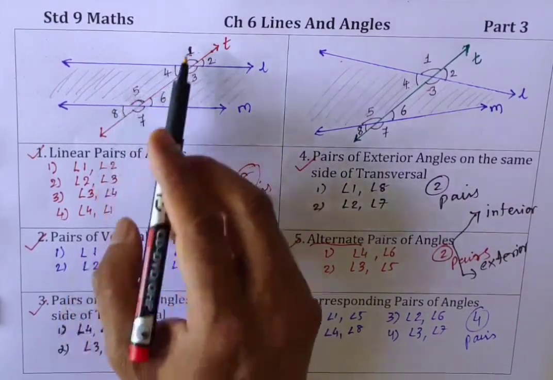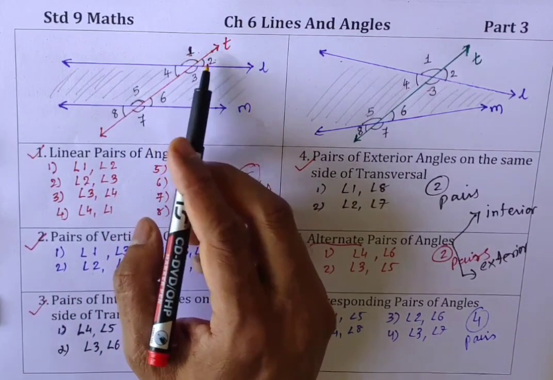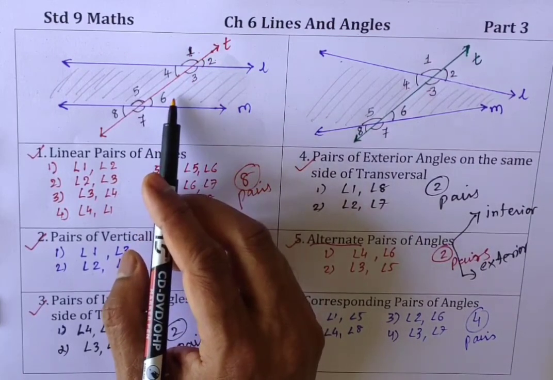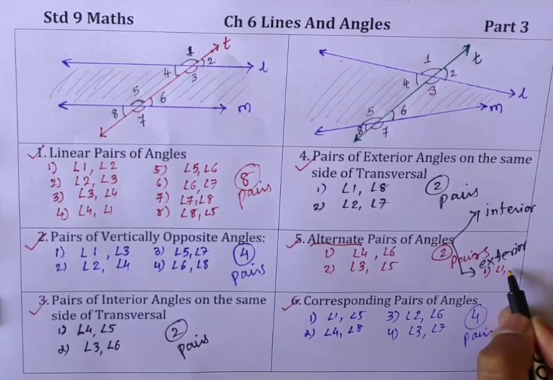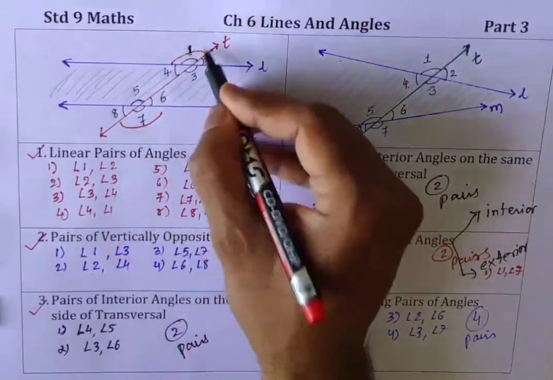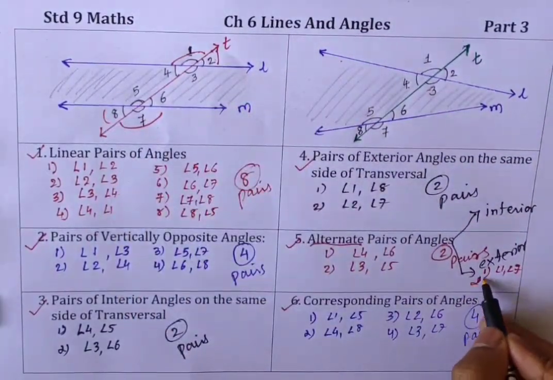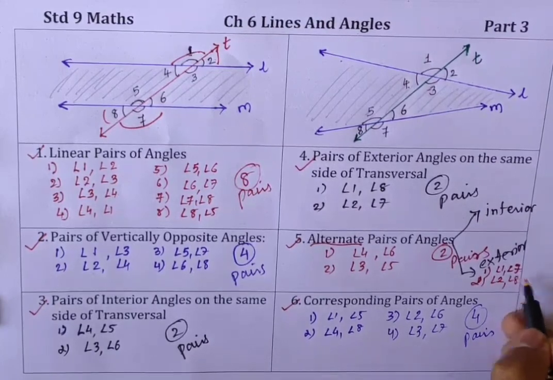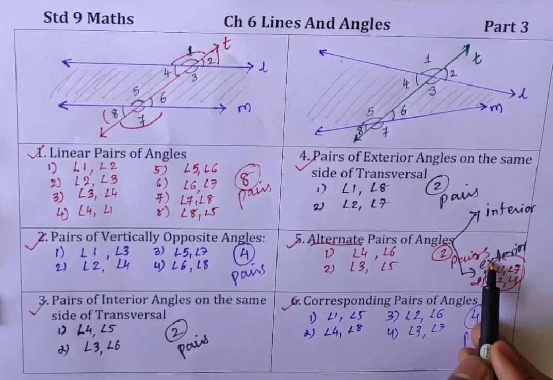We need the alternate side. If we take 1 in the exterior, we cannot take 2, why? Because it forms a linear pair. 3 and 6 are interior, so 1 goes with 7: angle 1 and angle 7, these two, alright. And the second pair is angle 2 and angle 8. These are alternate pairs of angles in the exterior.